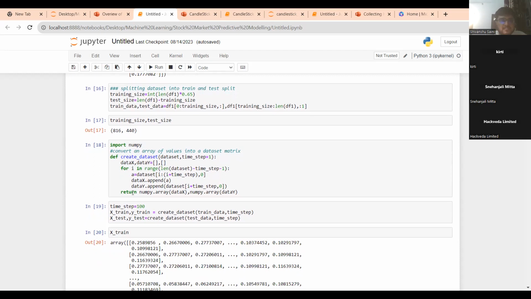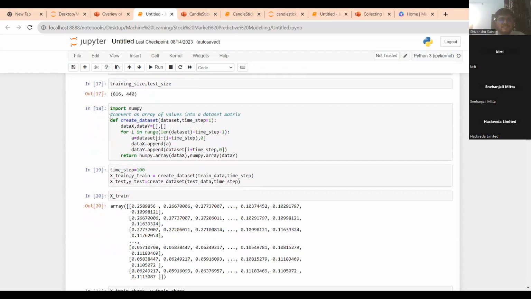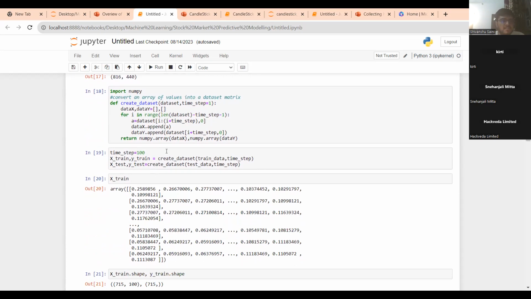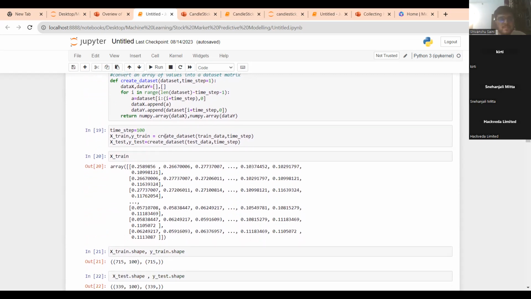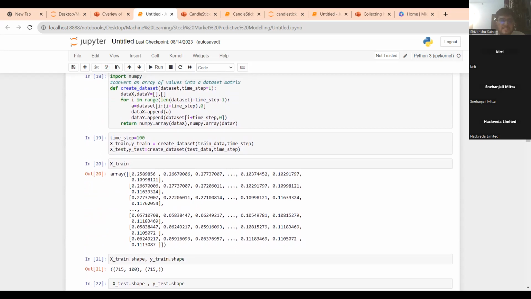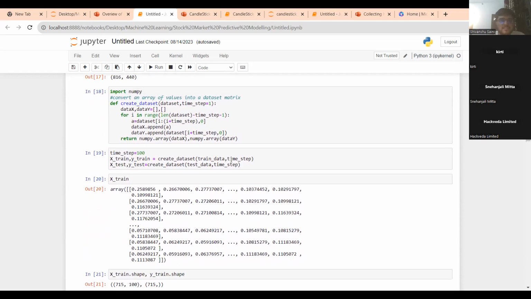Now I have created a dataset. There is a function which will create a dataset. I have given the train data, and then the timestep. In the LSTM model we are doing, we are getting the stock price of a particular day on the basis of the stock prices on previous days.